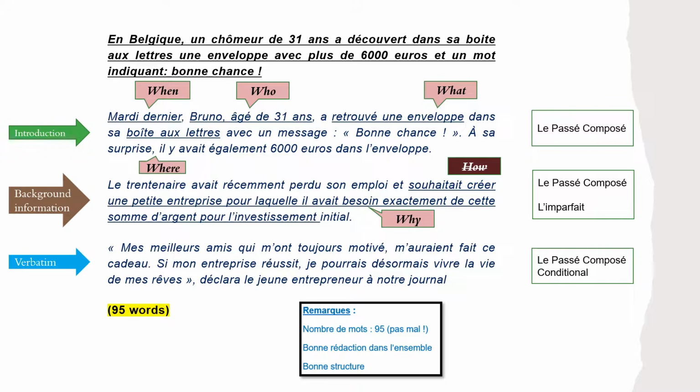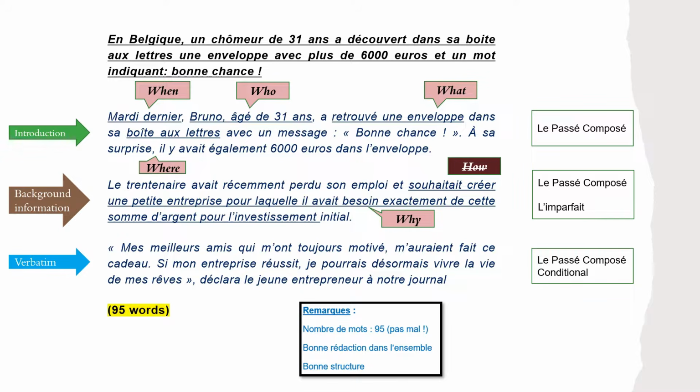So in the first statement, I was able to tell that last Tuesday, Bruno, who is 31 years old, found an envelope in his letterbox with the message good luck, and along with that he was surprised to see that there was also 6,000 euros in the envelope. Hence I'm using passé composé, but I just noticed that I'm also using imparfait, which is in the last line, il y avait également. So basically in introduction I'm using passé composé and l'imparfait.